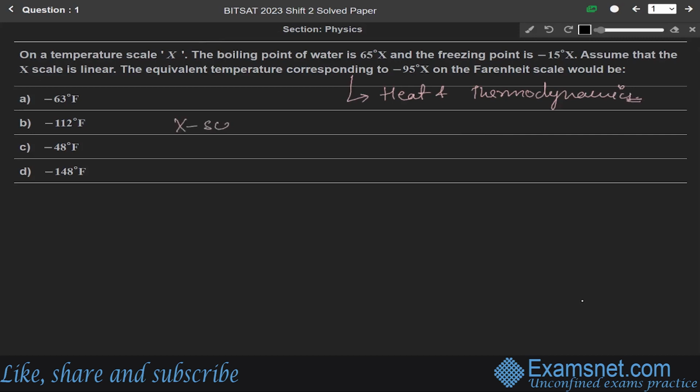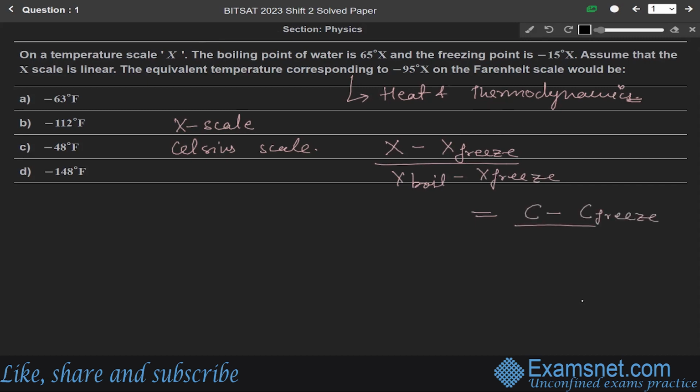Now, in this question, we are given two scales. The first one is the X scale and the second one is the Celsius scale. We know the relation between these two scales. The relation is (X minus X freeze) over (X boil minus X freeze) equals (C minus C freeze) over (C boil minus C freeze), where X freeze and X boil are the freezing point and boiling point on the X scale, and C freeze and C boil are on the Celsius scale.